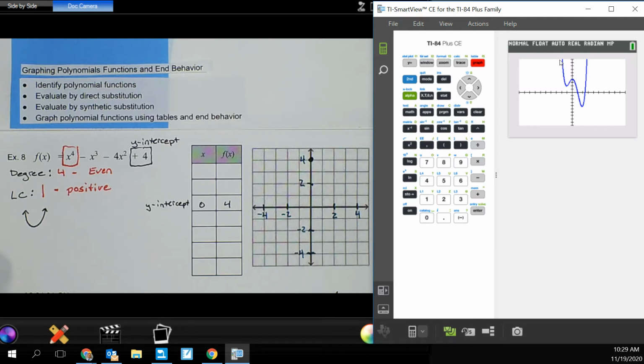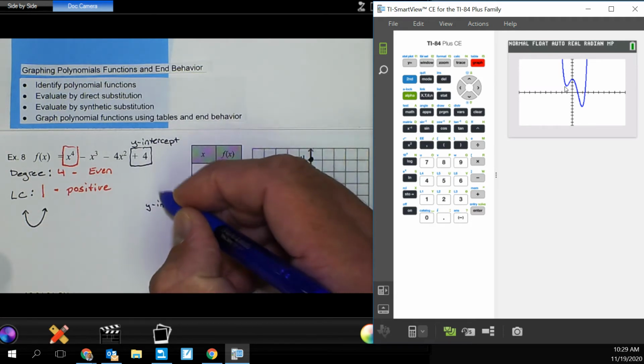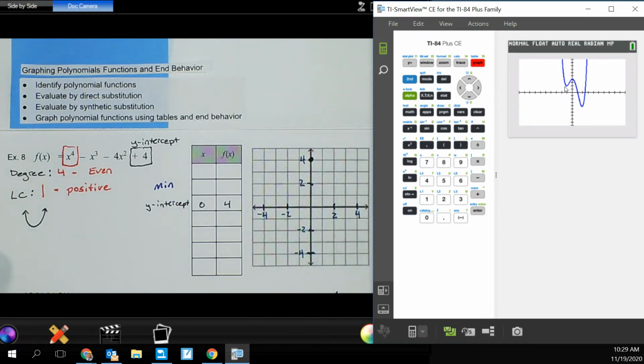So I'm going to start here and just see what I come across. As I start here, the first point I come across is a minimum. So on my table, I'm just going to write minimum here to make sure that I find that point. As I go through, the next one that I come to is either going to be a maximum or the y-intercept.